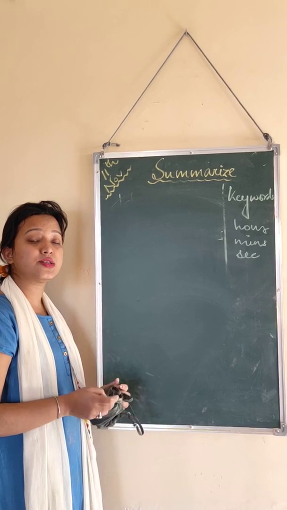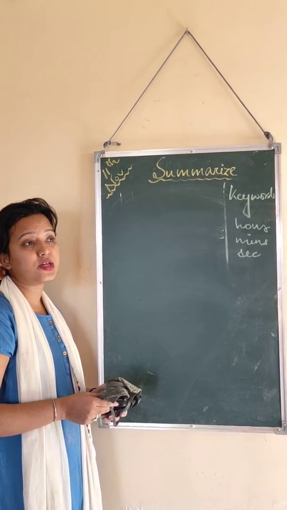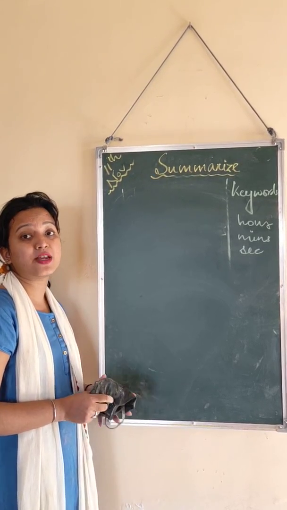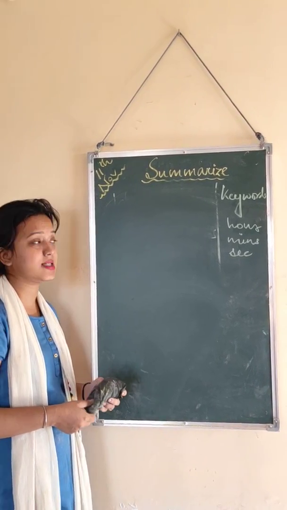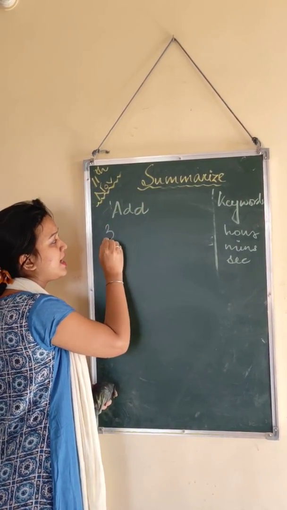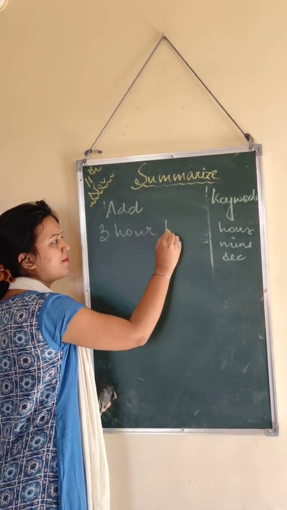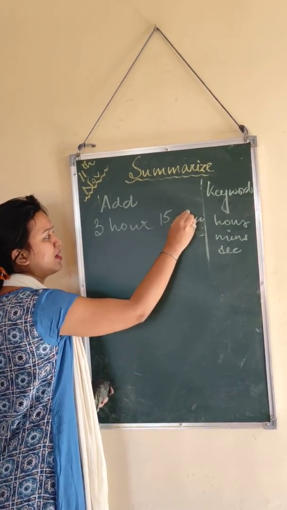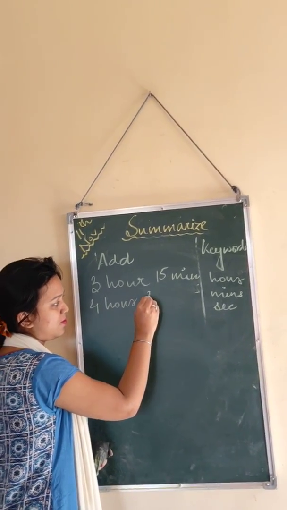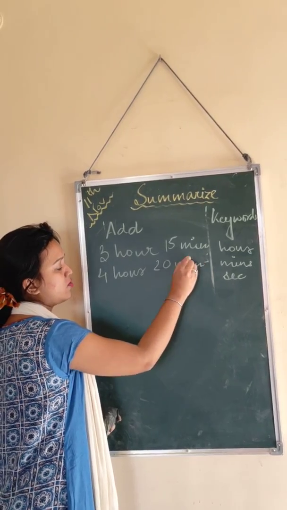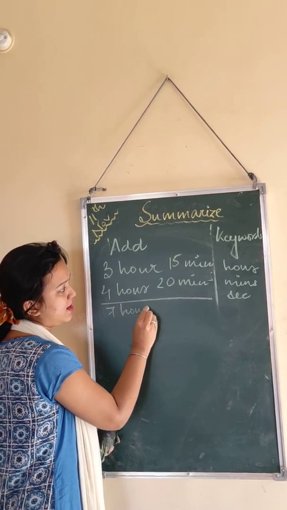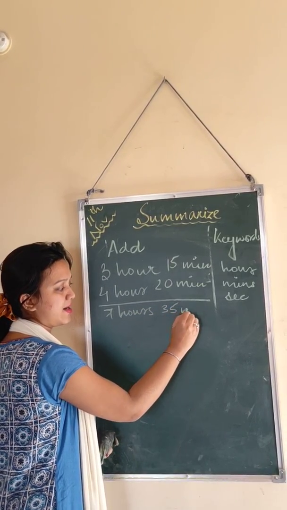Then next, after conversion, you have learned about addition of time, correct? Addition of time, that you learned in yesterday's live class. So if I happen to add 3 hours 15 minutes, then 4 hours 20 minutes, I simply perform the addition. This is 7 hours and that is 35 minutes, correct?